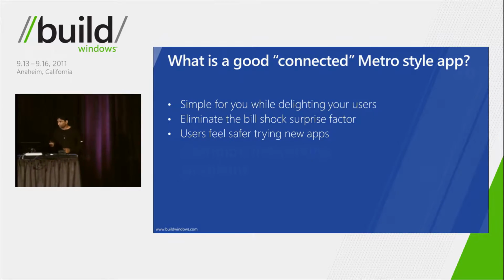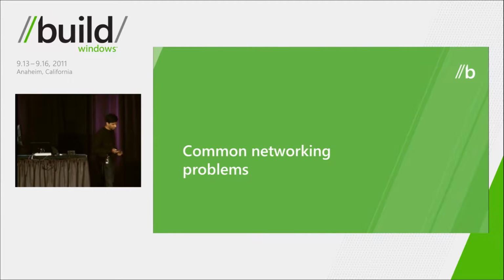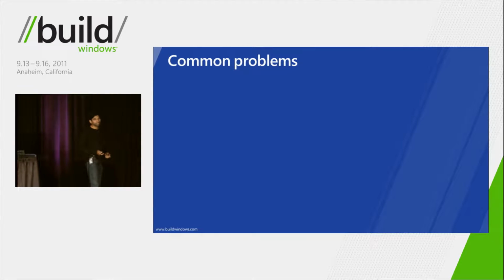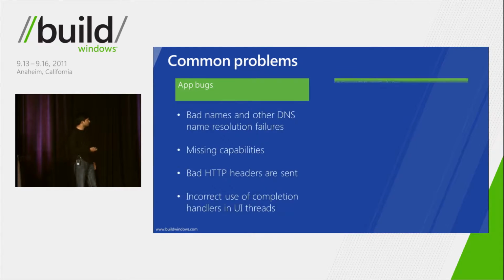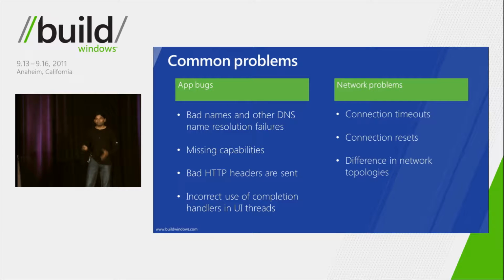All right. So we're going to talk about networking problems. And there are various ways of trying to slice and dice this. My classification is pretty simple. On one side, I have app bugs, and on the other side I have network problems.